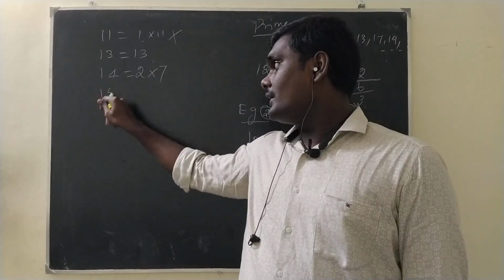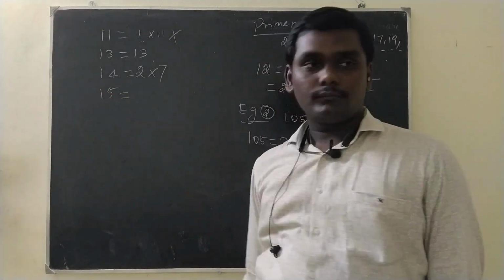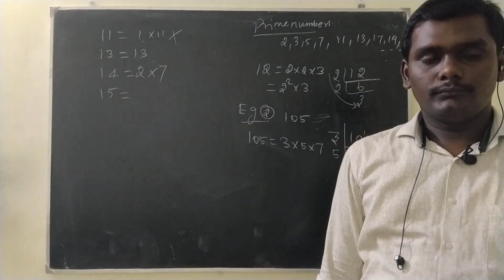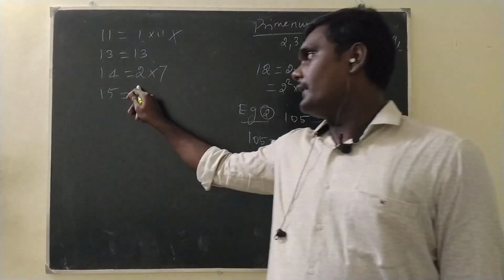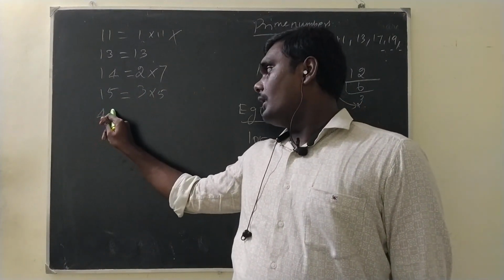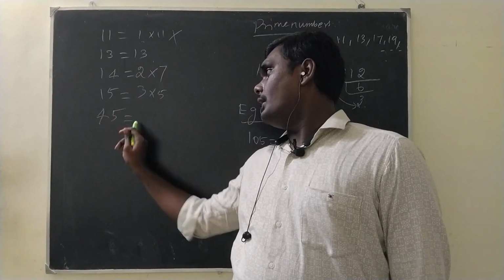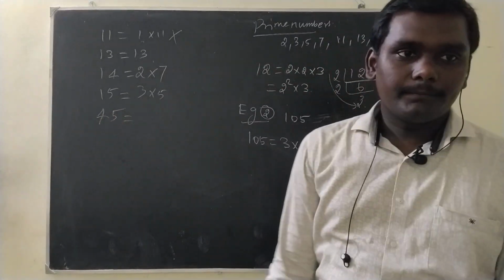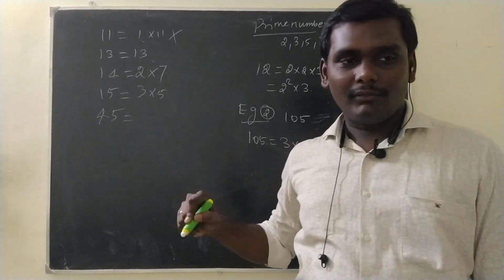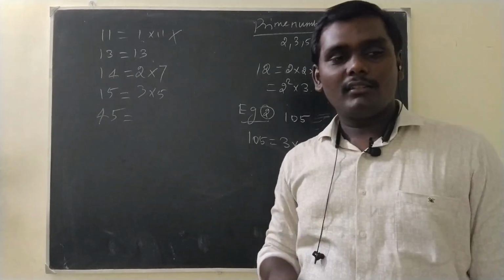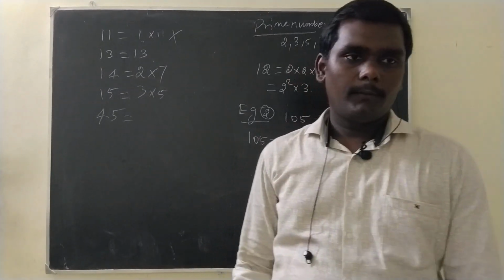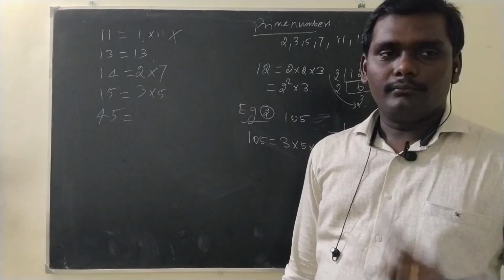What is the prime factorization of 15? 3 5s are 15. Let me take somewhat bigger than 15. 45. What is the prime factorization of 45? You don't need to list out the factors of 45. You do the prime factorization using the L division and tell me.